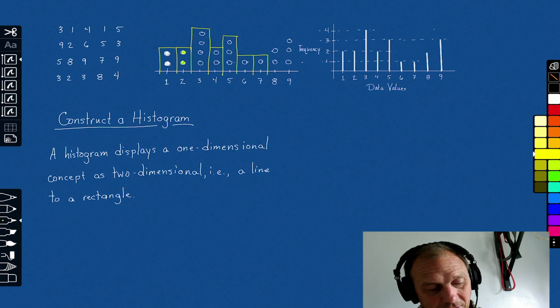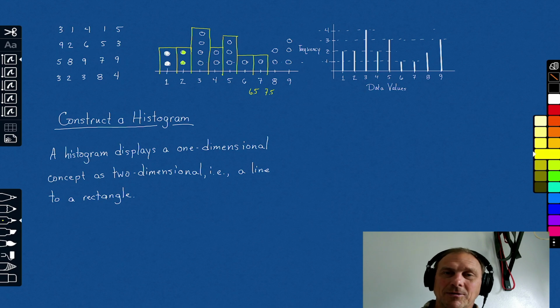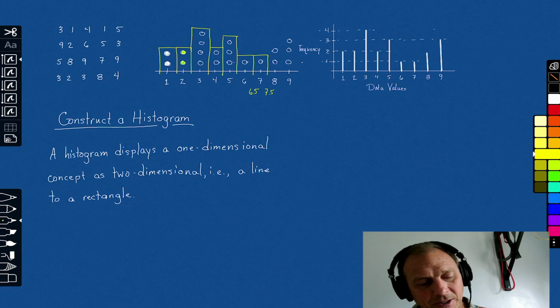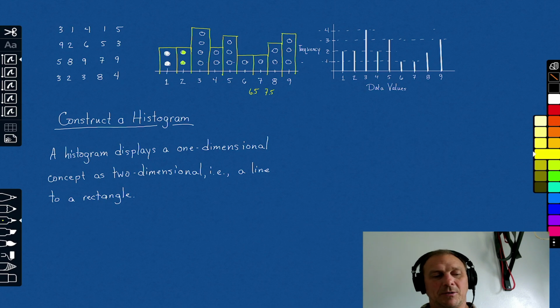So I can write that down like 6.5, 7.5. And we always do that. We always split the data right smack dab in the middle. We never do something like 6.4 to 7.4. No, it's just right in the middle of whatever the units our data are. And then we would continue from 7.5 to 8.5 and finally from 8.5 to 9.5.